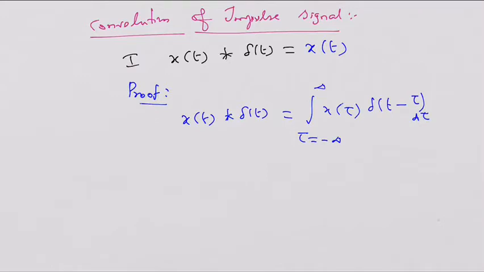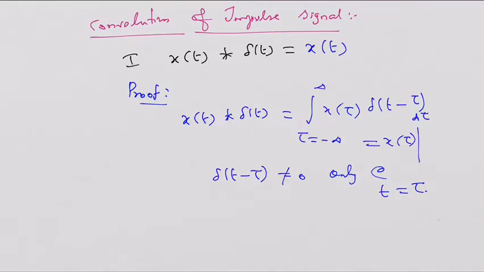Agreed? Where del of t minus tau is not equal to 0 only at t equal to tau, that is, t alone. If so, the entire expression, the result will become x of tau, where tau will be equal to t.